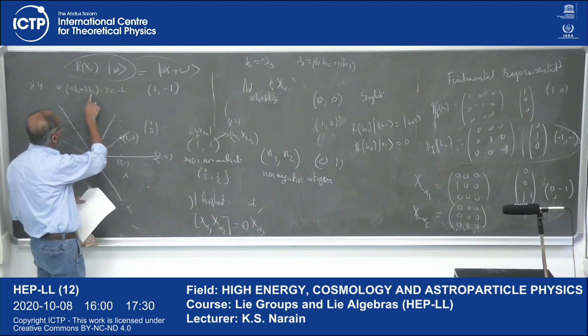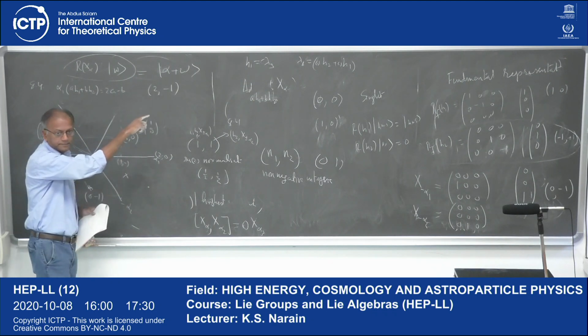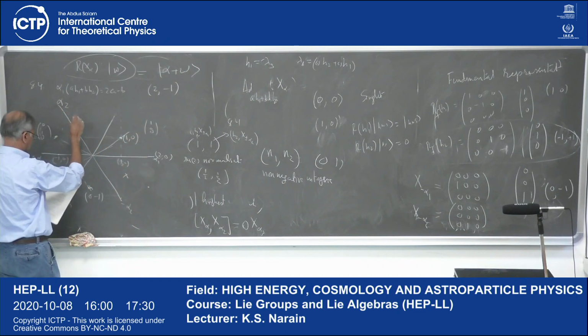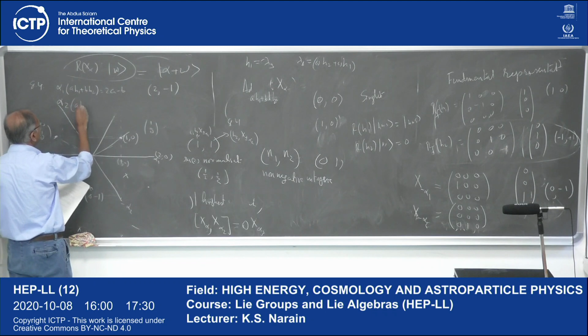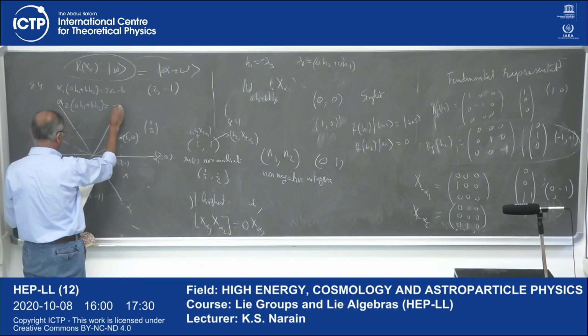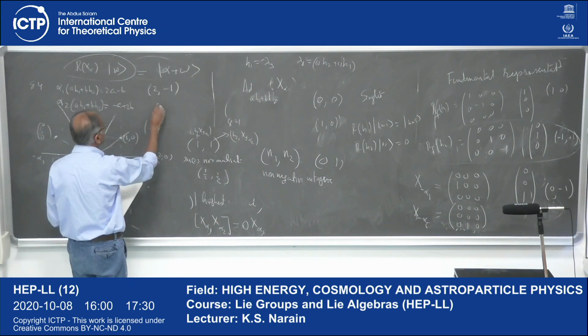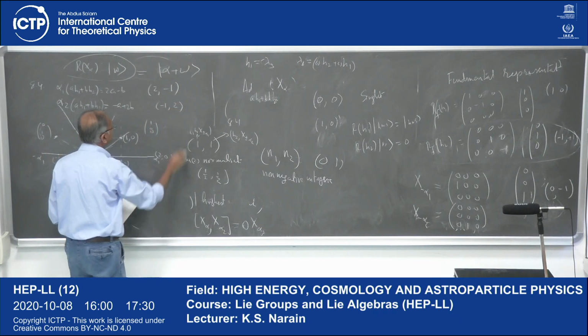And if I take H2, then it's minus 1. Similarly, alpha 2 of A H1 plus B H2 is minus A plus 2B. So in this notation, we have minus 1, 2.